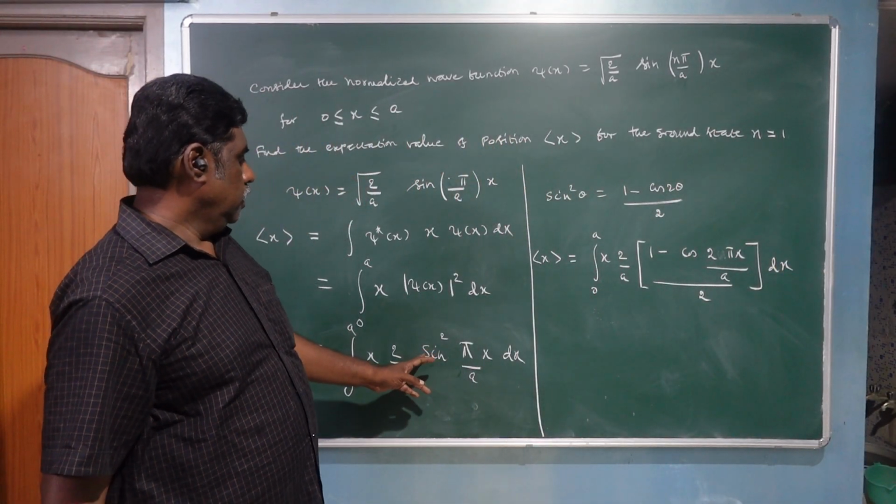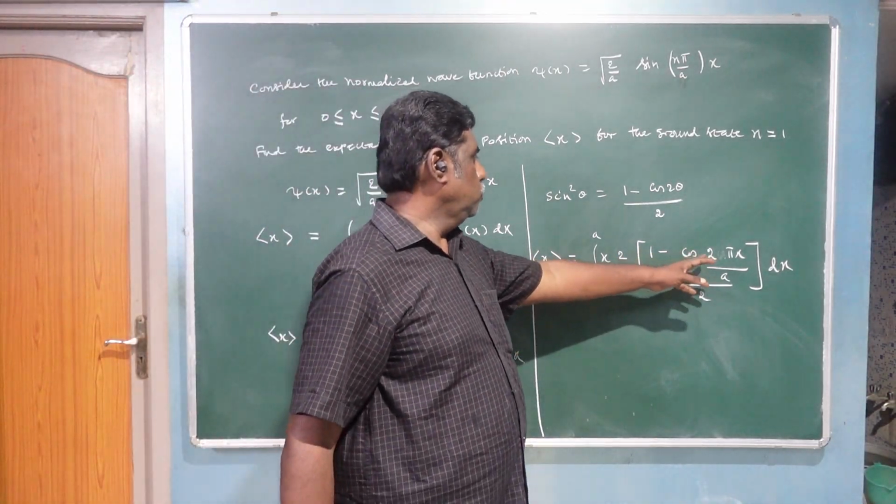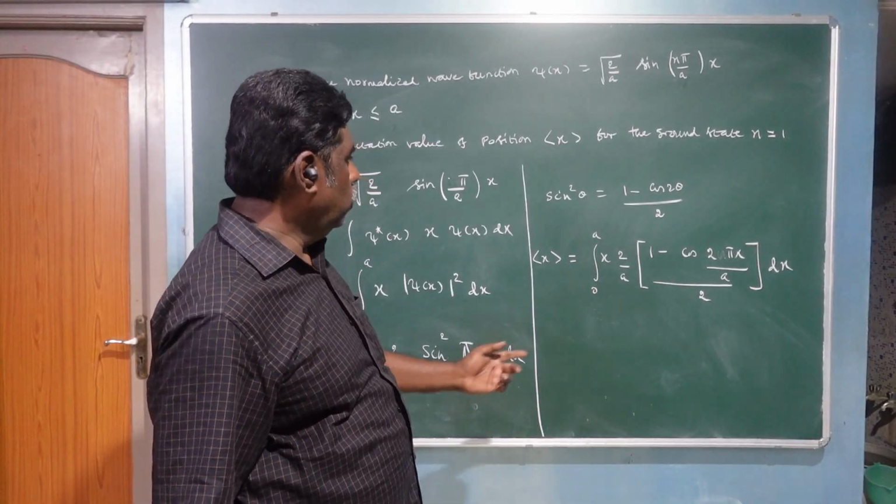See here, this is theta, pi x by a: 1 minus cos 2 pi x by a, whole divided by 2.